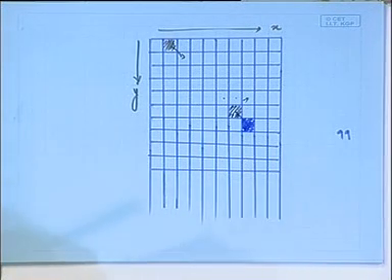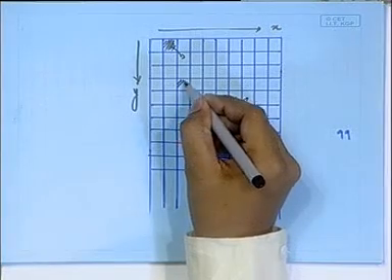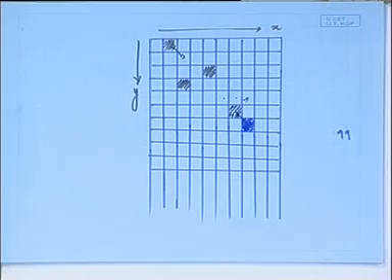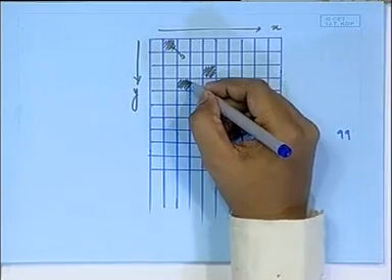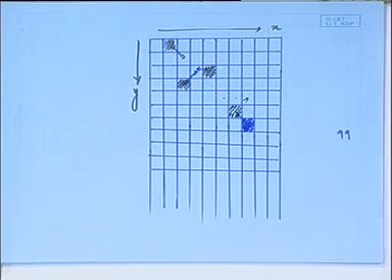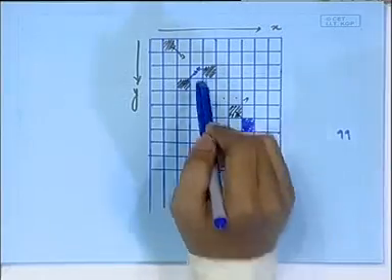Now, there are certain other cases where your robot may be considered extinct, and that is when there is a robot-robot collision. So, if you have a robot over here and a robot over here, and in some step this robot decides to move here and this robot decides to move here, such that in the next cycle they were both supposed to land on the same square.